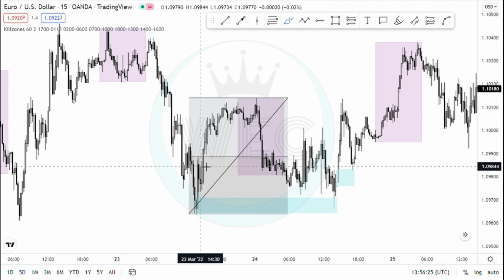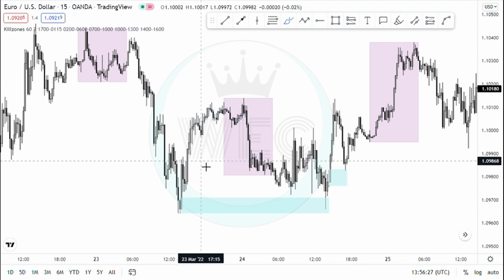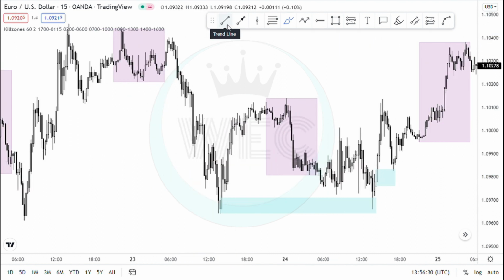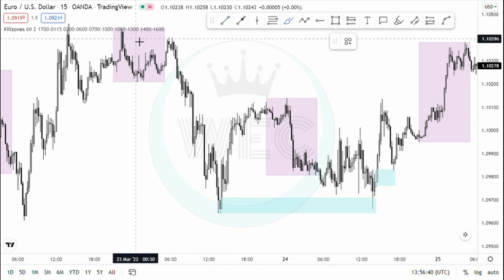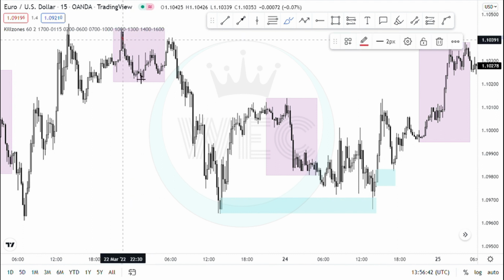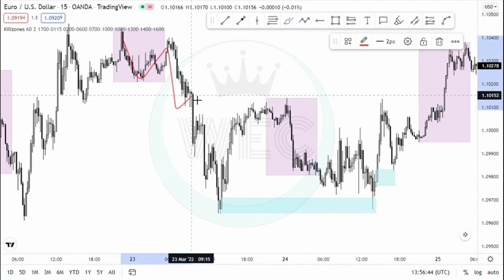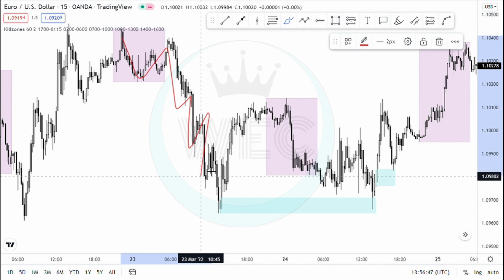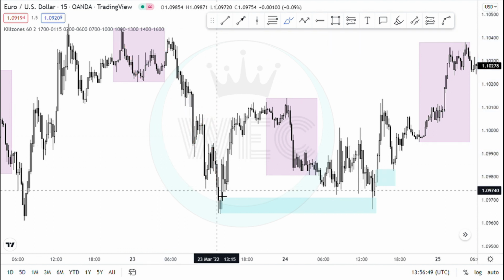So it meets the second criteria, and the third criteria was to make sure that the candle was the source of a break of structure, or it instigated a break of structure. So what do we see over here? We had price making lower highs and lower lows right here, until we had that break of structure right here.